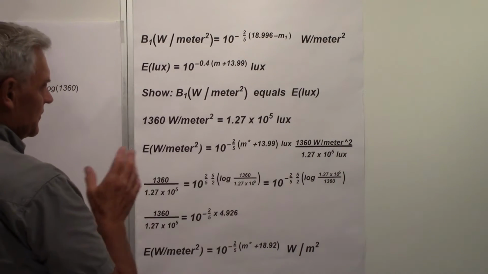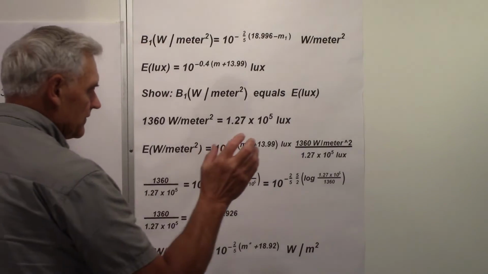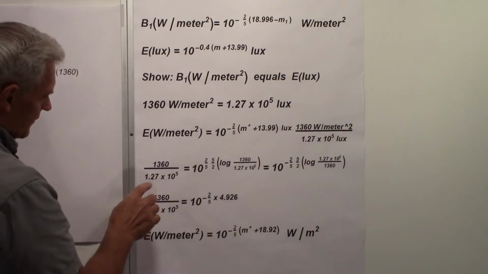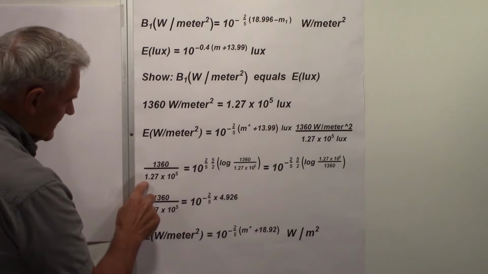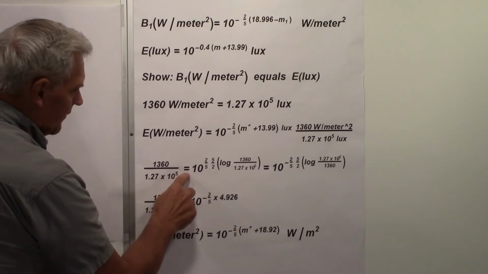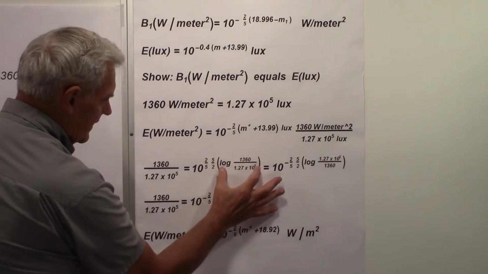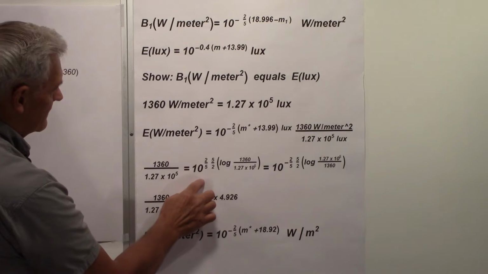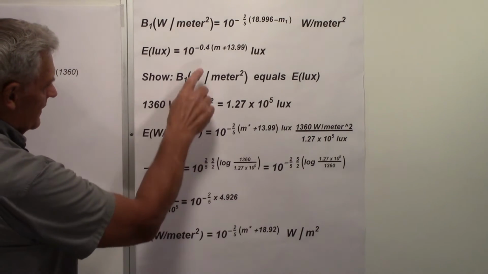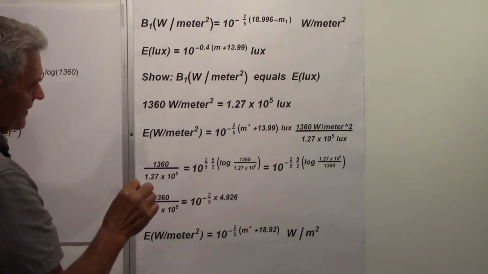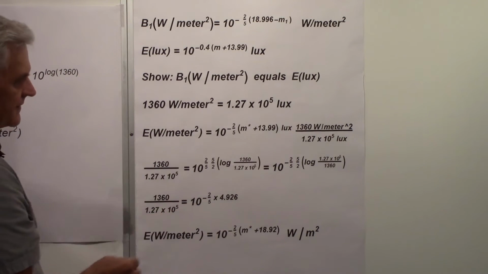So again, we do a similar trick on how we can get that number into this exponent. The way to look at that is we have the 1360 over the 1.27 times 10 to the 5th. That would be equal to, here it is here, with a 2/5 and a 5/2. See, their minus 0.4 is 2/5.